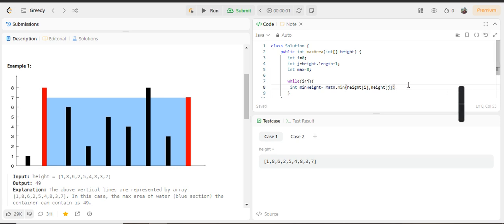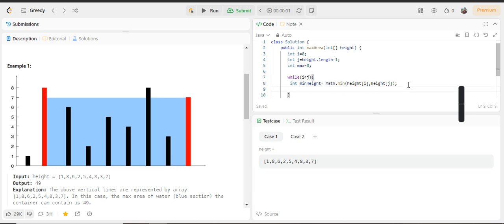So this will be our min height. Now we get the area: area equal to (j minus i) into the min height that we have just calculated. So this will give us the area.